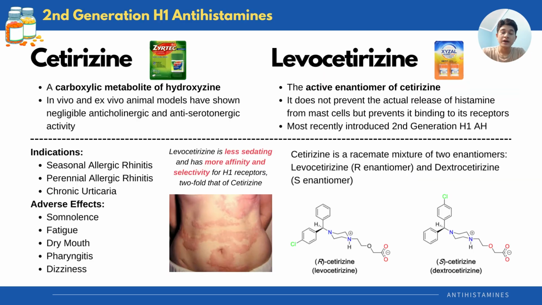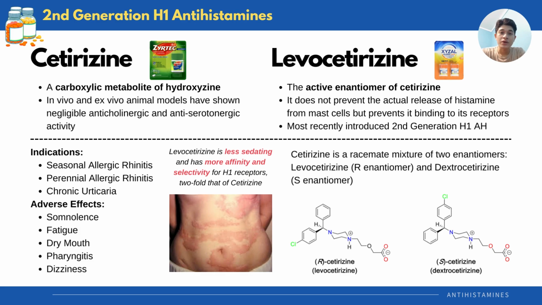These first two second-generation antihistamines, namely cetirizine and levocetirizine, belong to the less sedating group. While cetirizine is a carboxylic metabolite of hydroxyzine, levocetirizine is the eutomer or the R enantiomer of cetirizine, having the desired pharmacological activity.